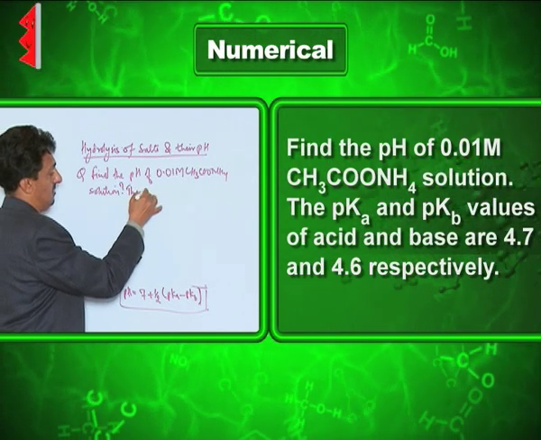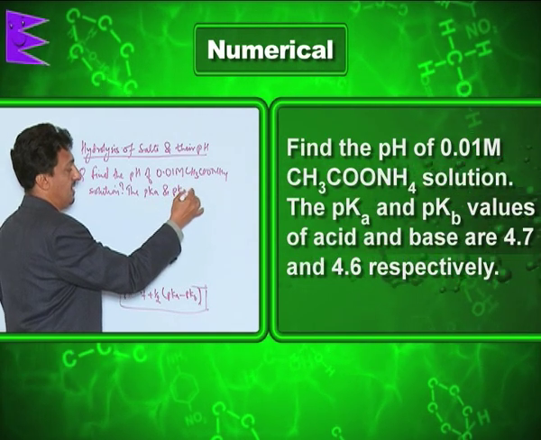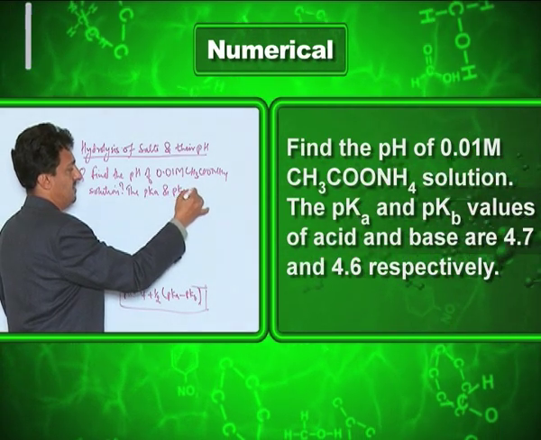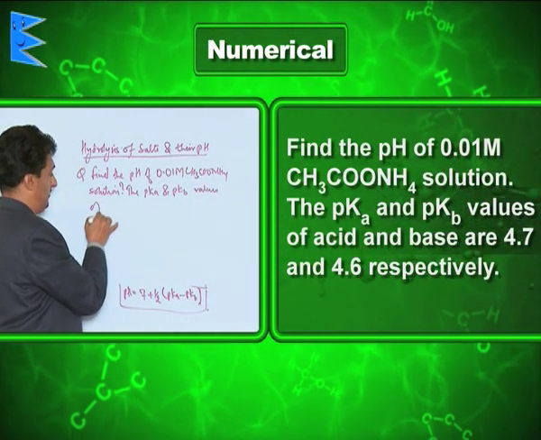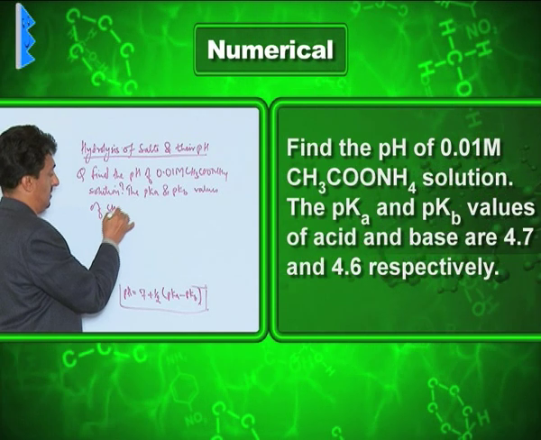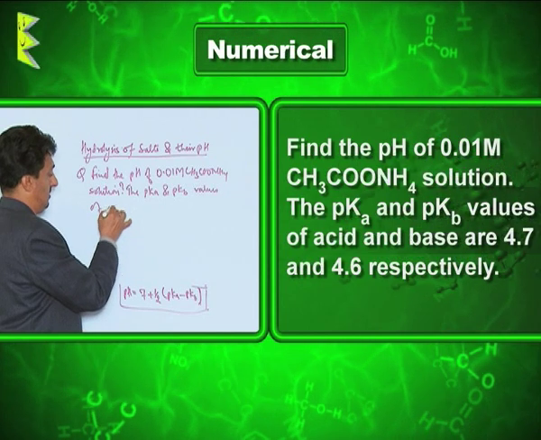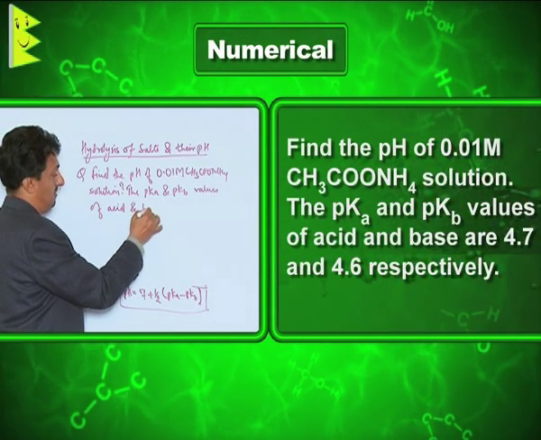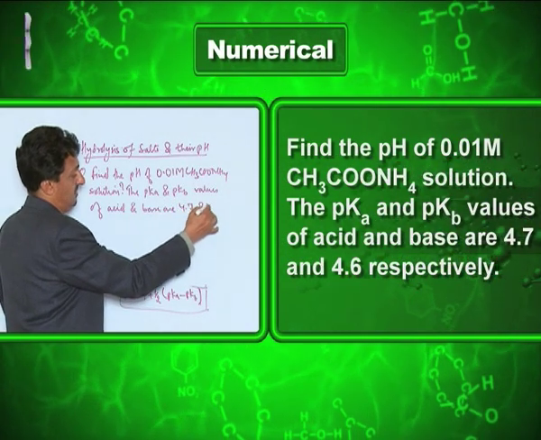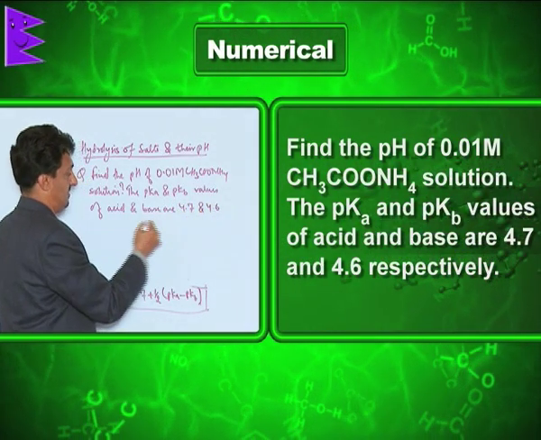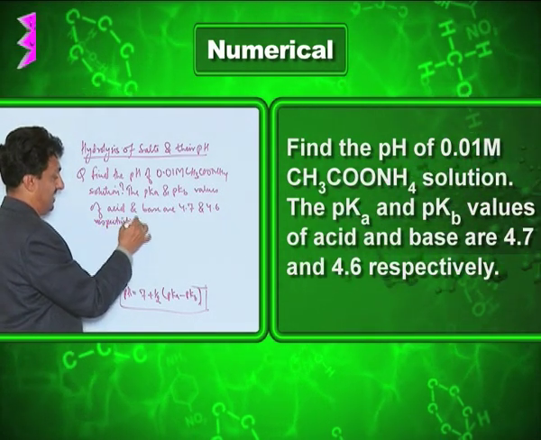the pKa and pKb values of acetic acid and base are 4.7 and 4.6 respectively.